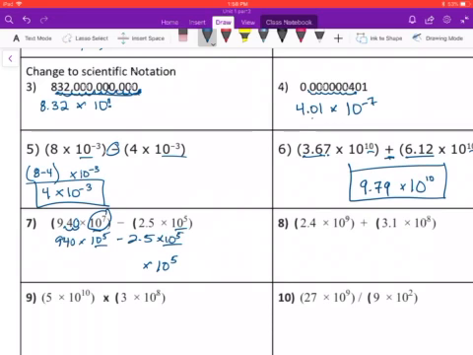Well, 940 minus 2 is 938, minus a half is 937.5. Not scientific notation, so I got to move it back. And that becomes 9.375 times 10 to the 7th power. So a lot of moving the decimal back and forth, but that shows that you understand what you're doing when you multiply with powers of 10.